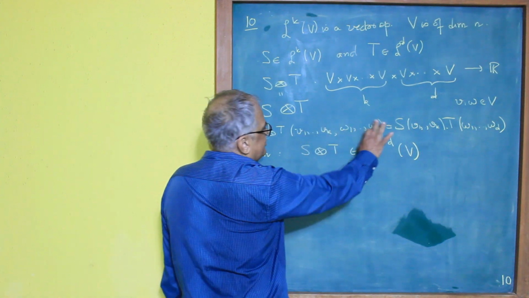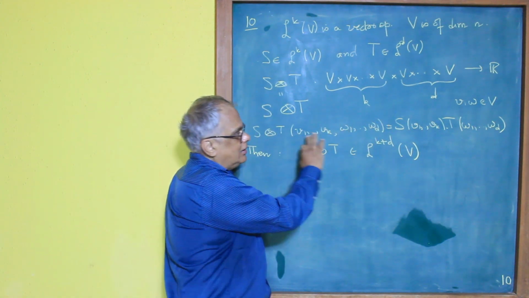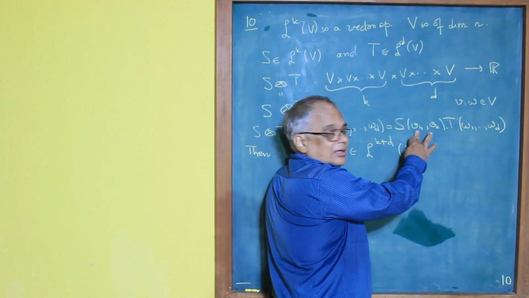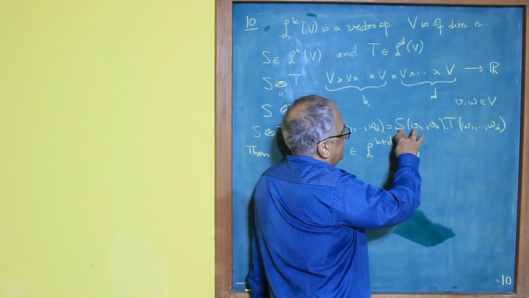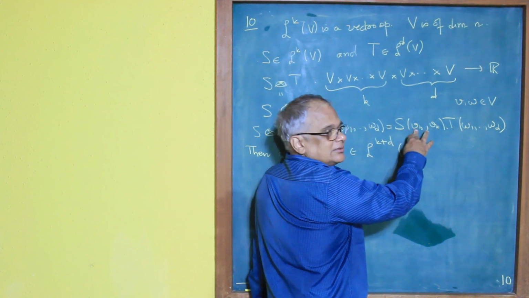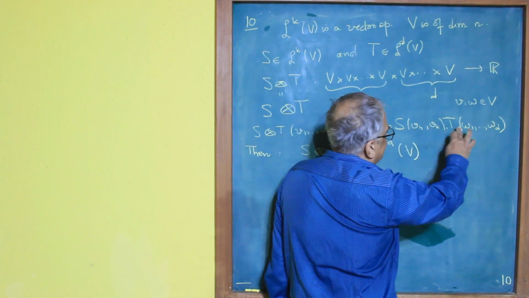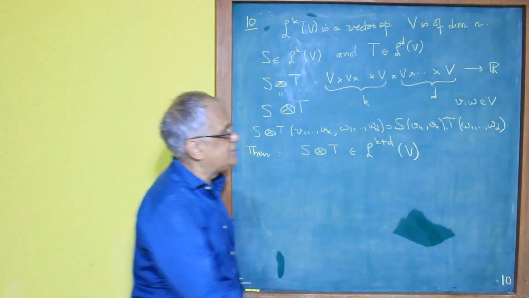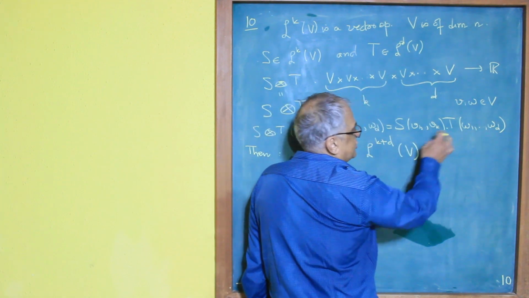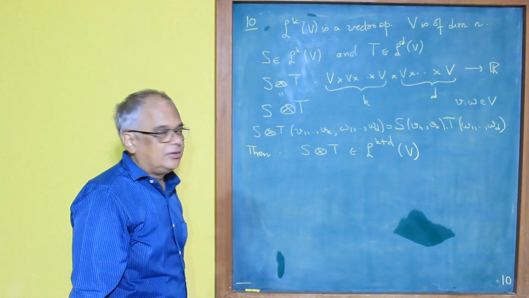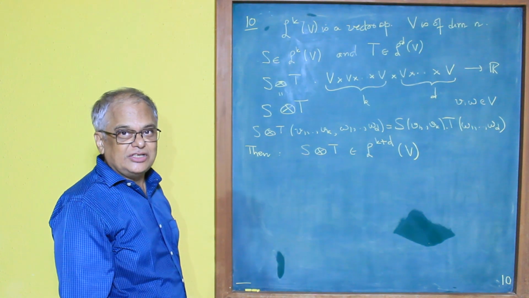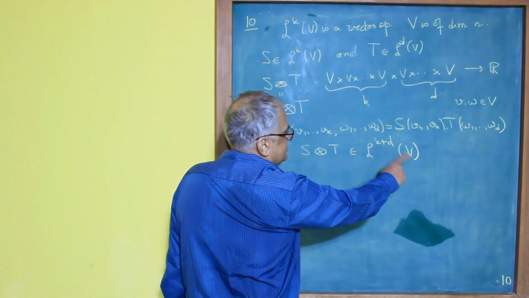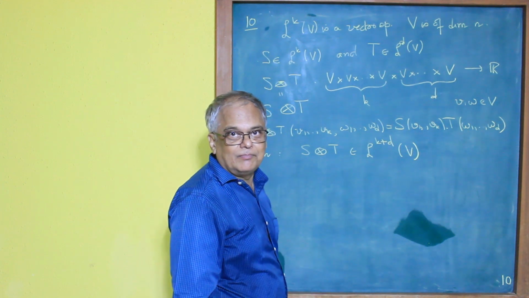If I keep all the others fixed and look at it as a function of V1, S is linear in V1 and therefore you get two terms V plus V tilde, and that product distributes over that addition because this is a product of real numbers. So this is more or less immediate that this product is a K plus D multilinear map on V.